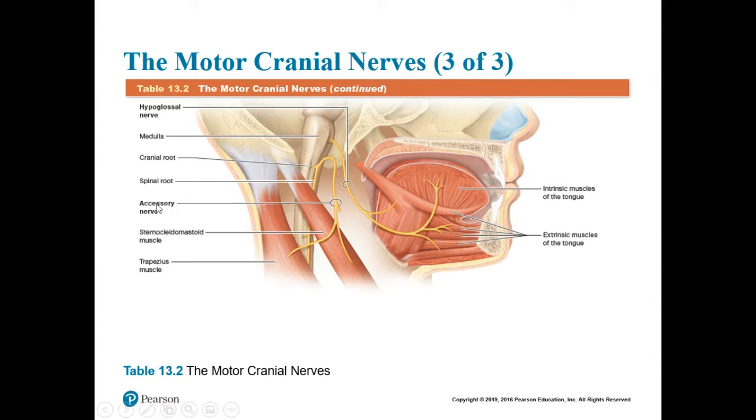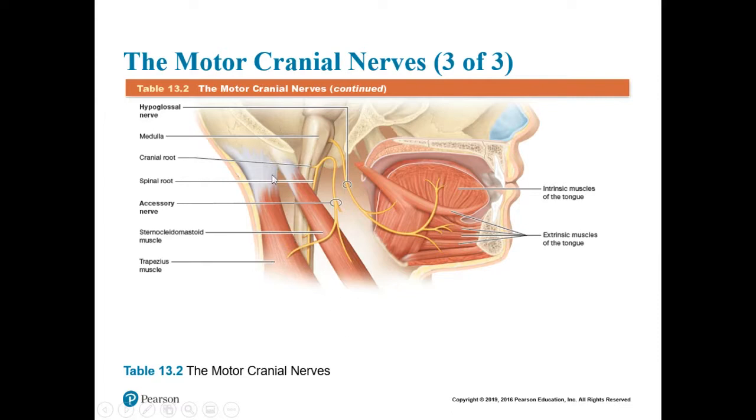The next one here is the accessory nerve, which originates even further down in the medulla, almost down to the connection with the spinal cord, but not quite. It's still in the medulla oblongata right there. Its divisions control a couple of muscles of the neck. First, we have the sternocleidomastoid, which rotates the head and flexes the head, or at least plays a role, because there are many muscles that do that.